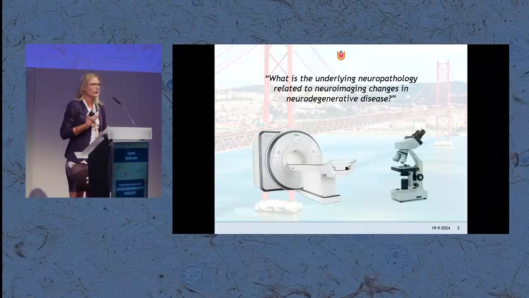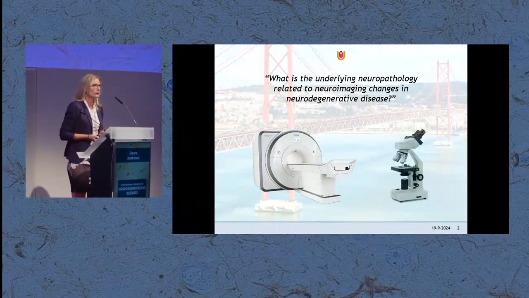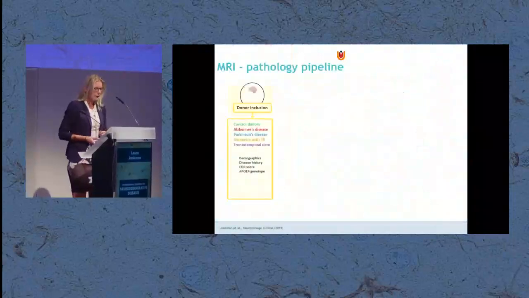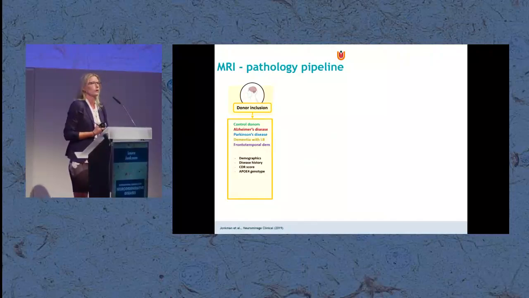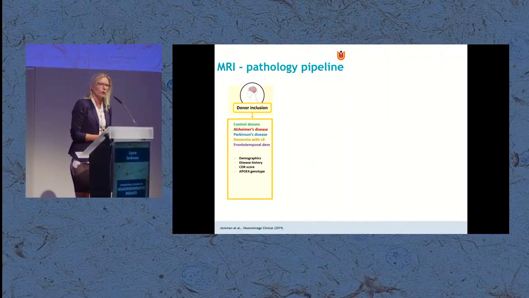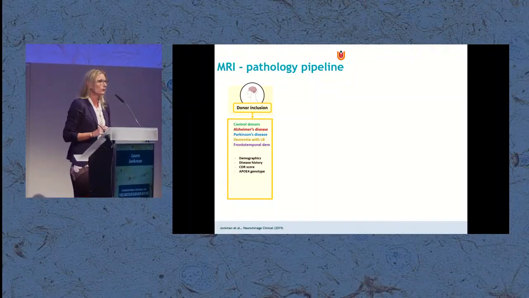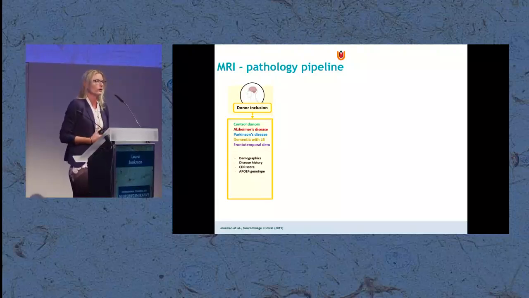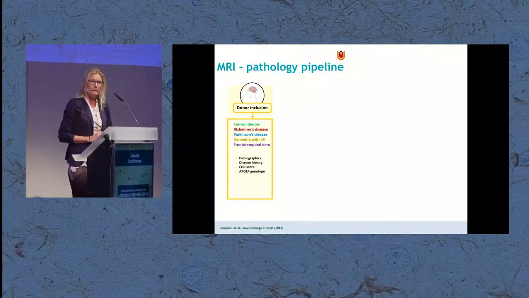I'll first go through how we combine this, how the pipeline is working. We generally collaborate closely with the Netherlands Brain Bank, which has a very beautiful cohort of patients enrolled in their brain donation program. We also collaborate with our own anatomy department, which has the whole body donation program in which we have most of our control donors enrolling.